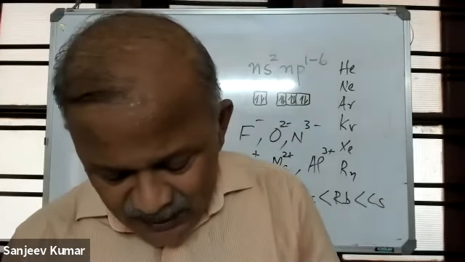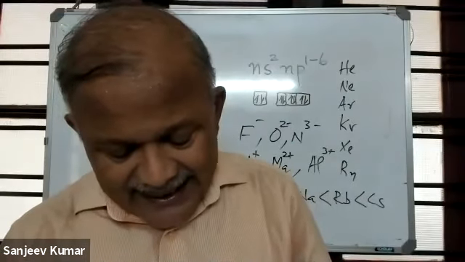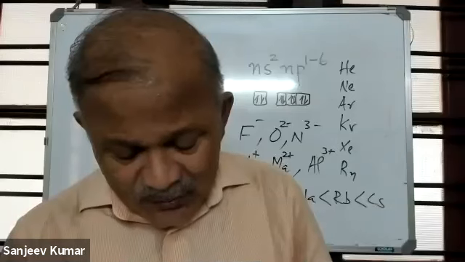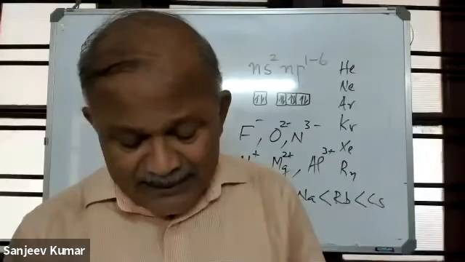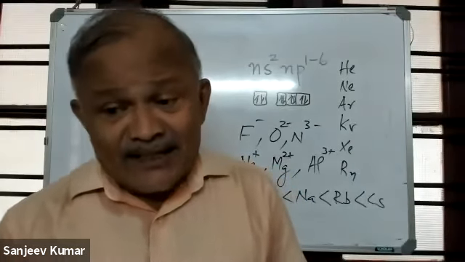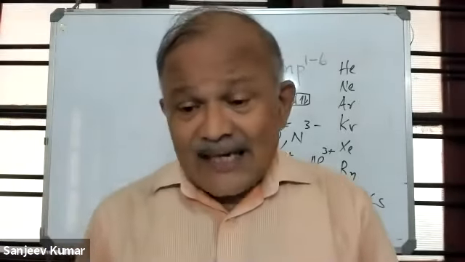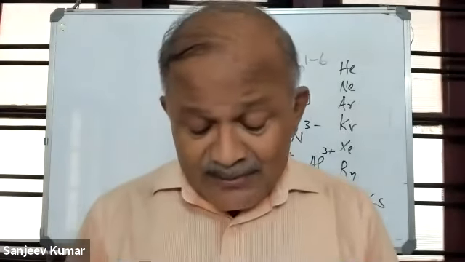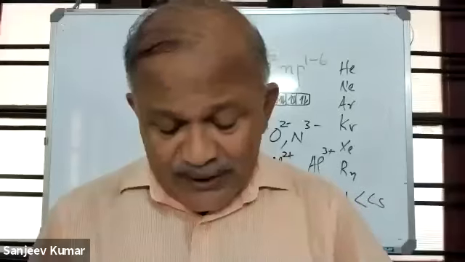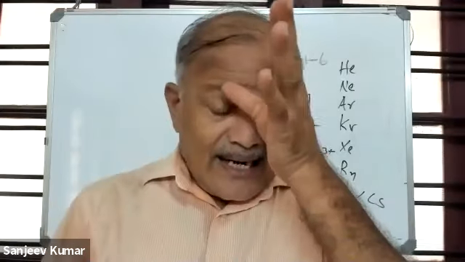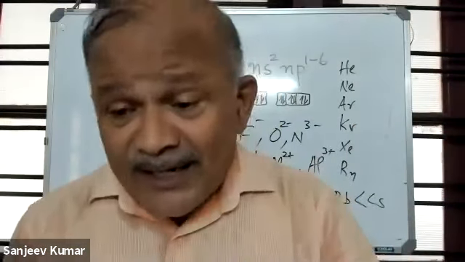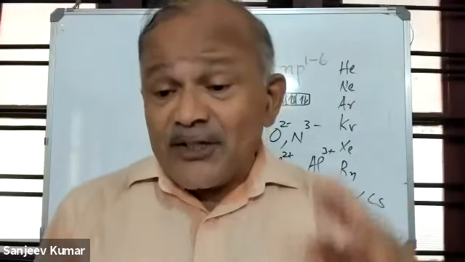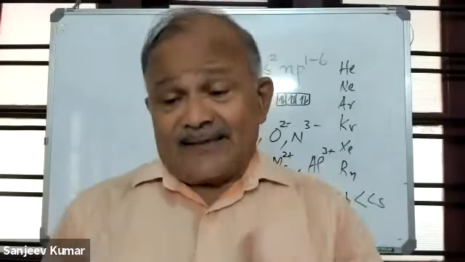The element with electronic configuration argon 3d10 4s2 4p3 represents which? That is the outer electronic configuration, 4s2 4p3, the 15th group, 4th period.